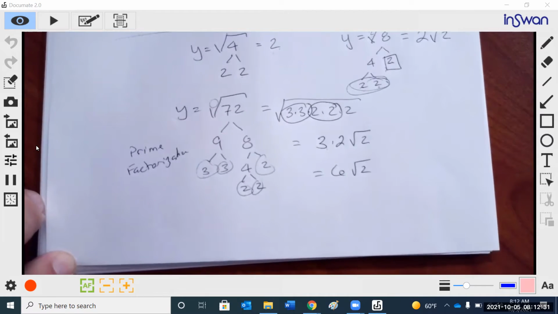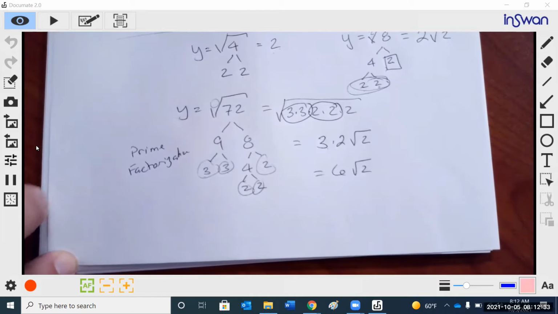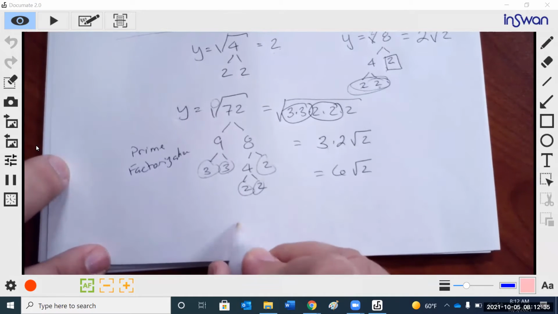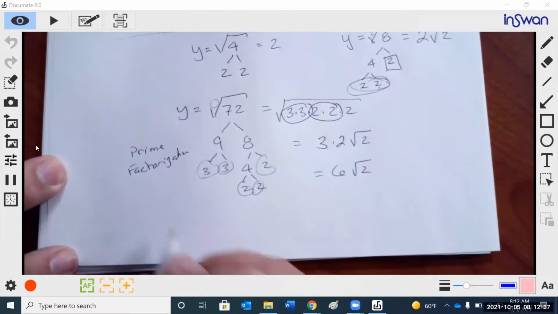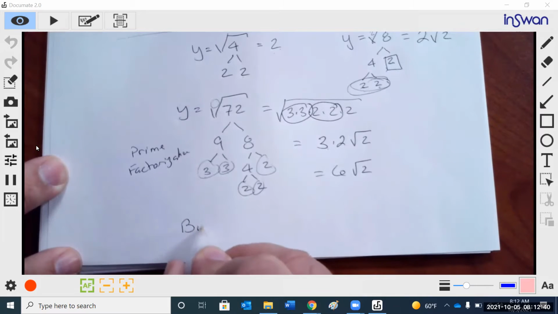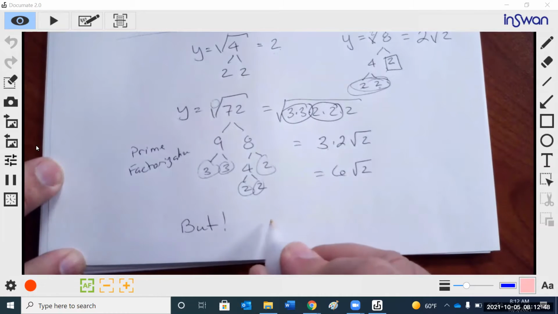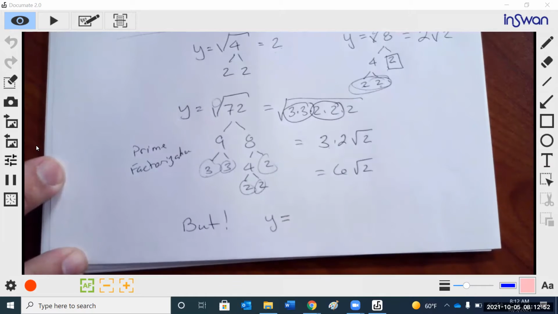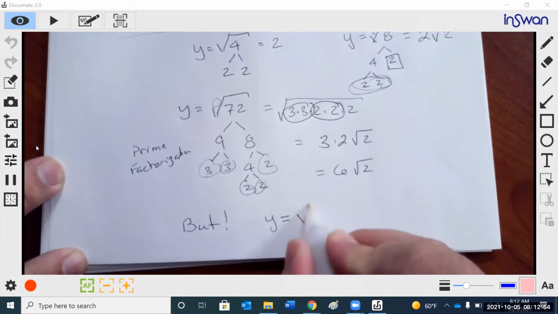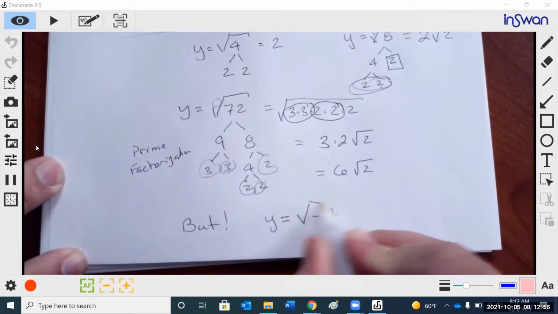But there's always a but. But what about solving this equation?